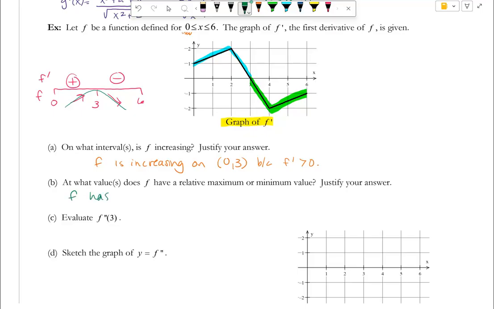So f has a relative or local maximum at x equals 3, and that is because f prime changes from positive to negative at x equals 3.